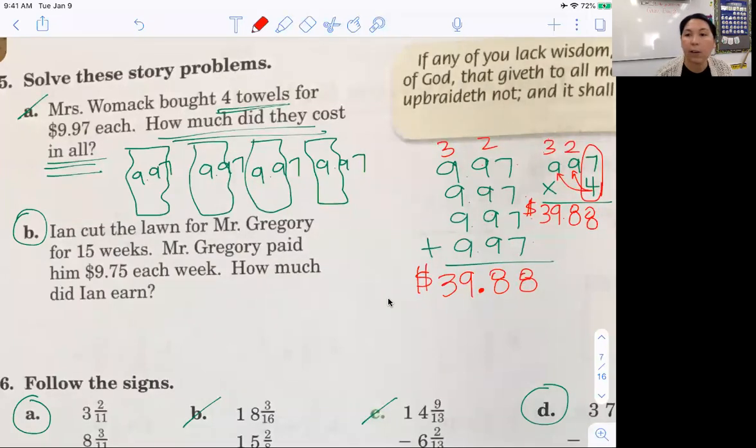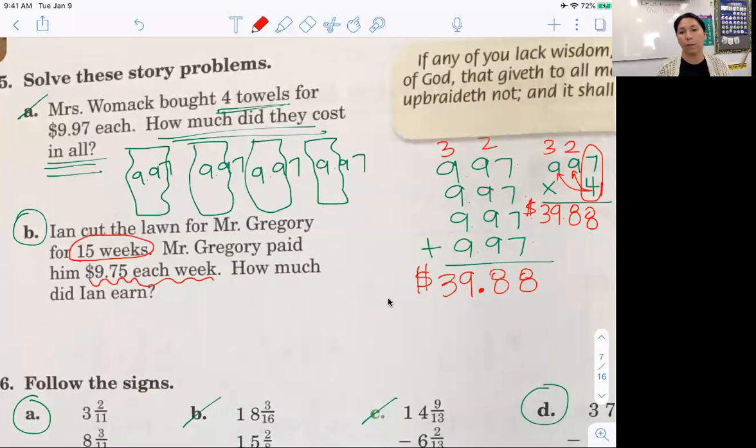Okay, let's look down at letter B. I'm going to read it to you slowly. Ian cut the lawn for Mr. Gregory for 15 weeks. Mr. Gregory paid him $9.75 each week. Okay, how much did Ian earn?